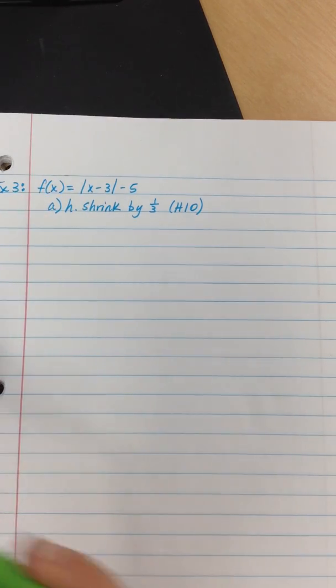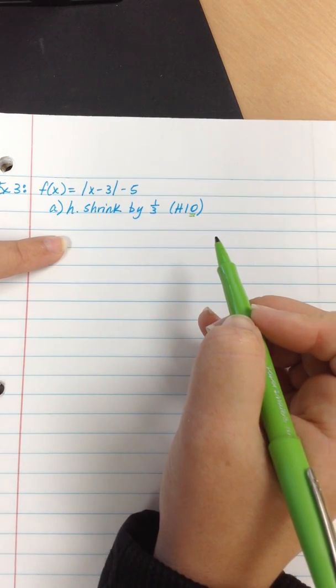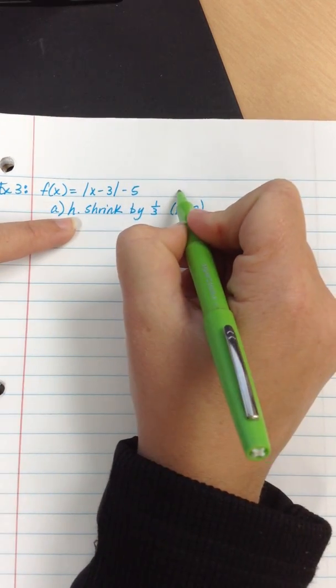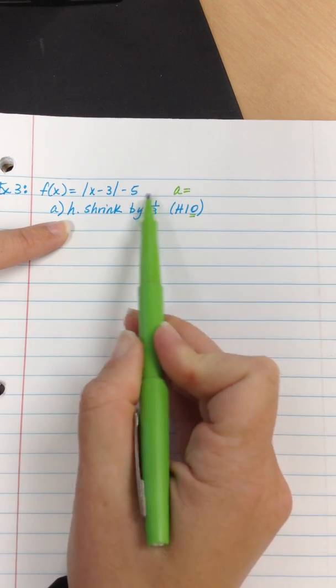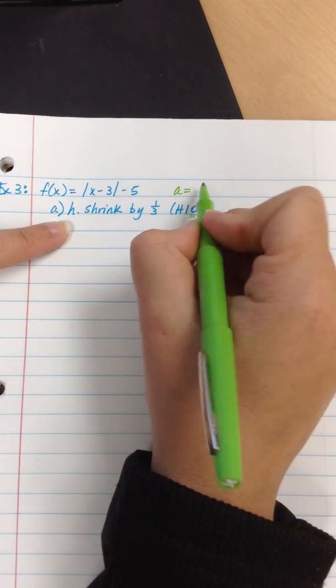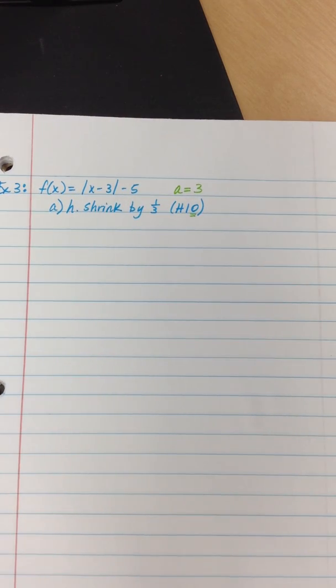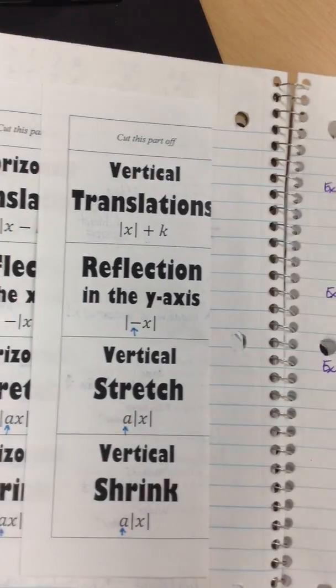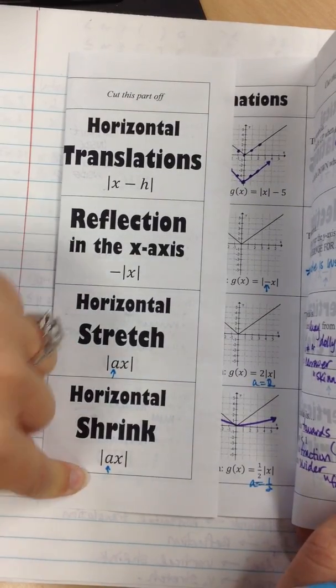Okay, horizontals. Horizontal, inside, opposite. Opposite is the key thing here. First thing we need to do is identify what your A is. They said a horizontal shrink by 1/3. That means my A is actually 3. Now, as far as where I'm supposed to put that 3, that's where your foldable comes in handy. They said horizontal shrink.